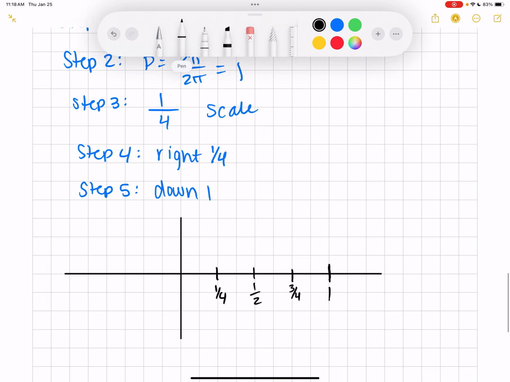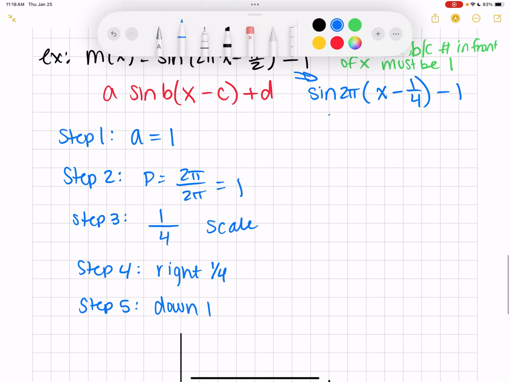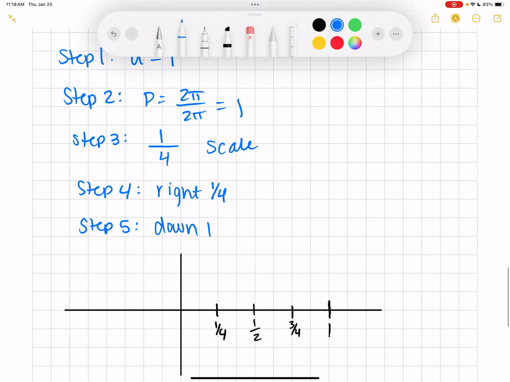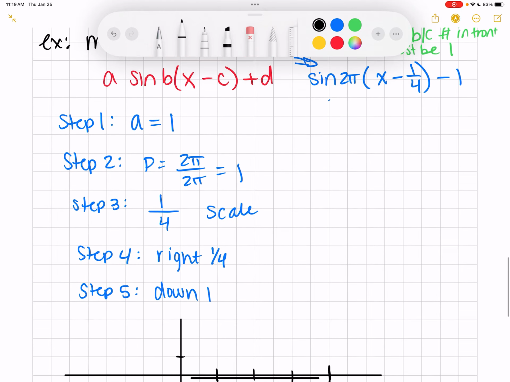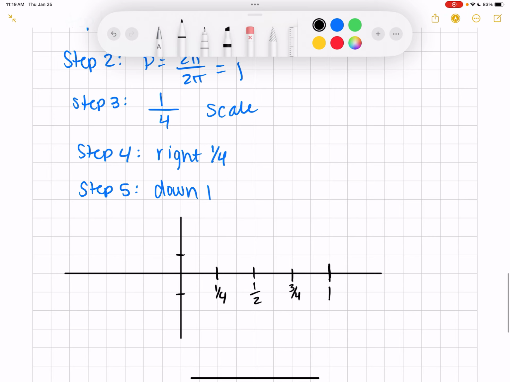All right, so I'm going to start with the parent function if this was not shifted at all. Amplitude of 1. So we'll go here and here. And this is a sine function, so that means I start where? At the origin. So I start here.